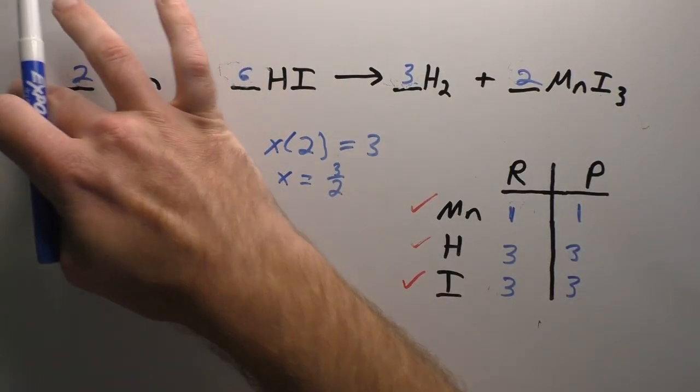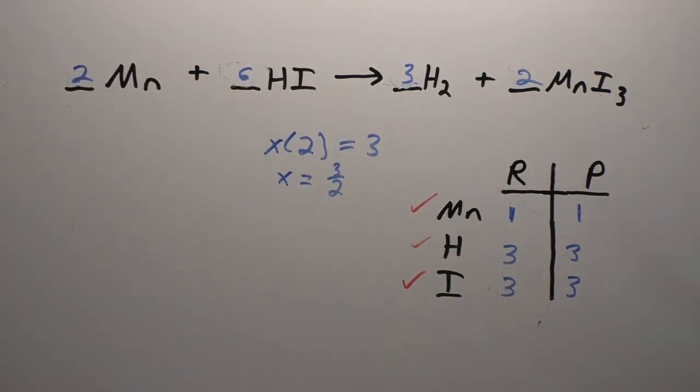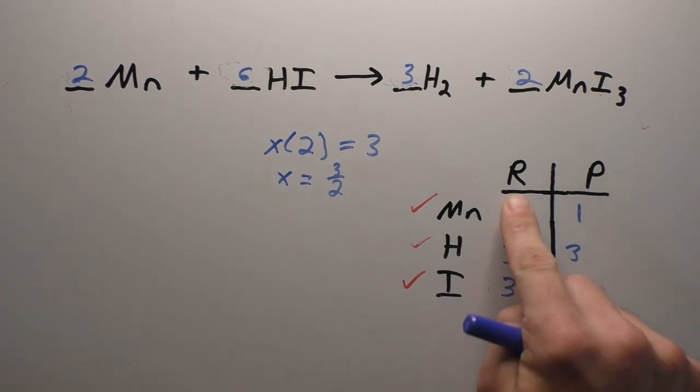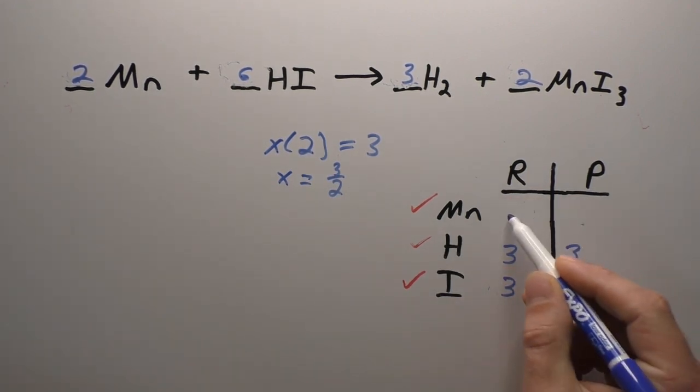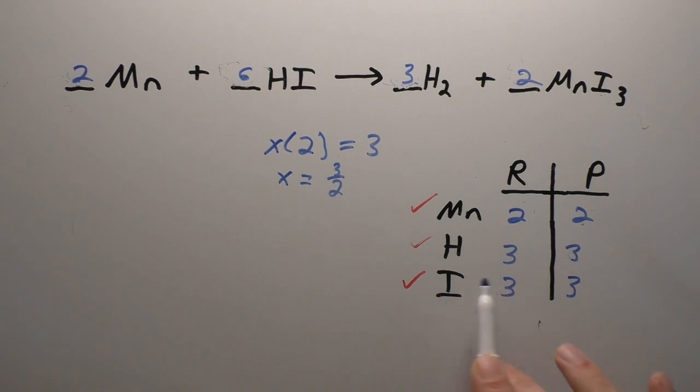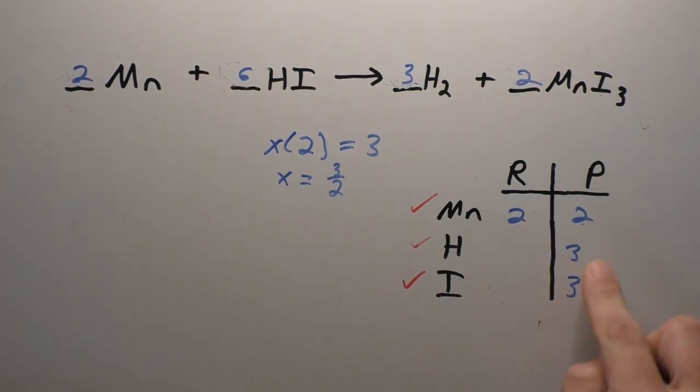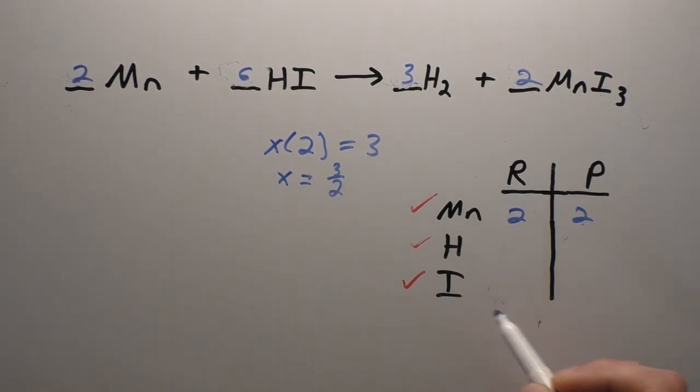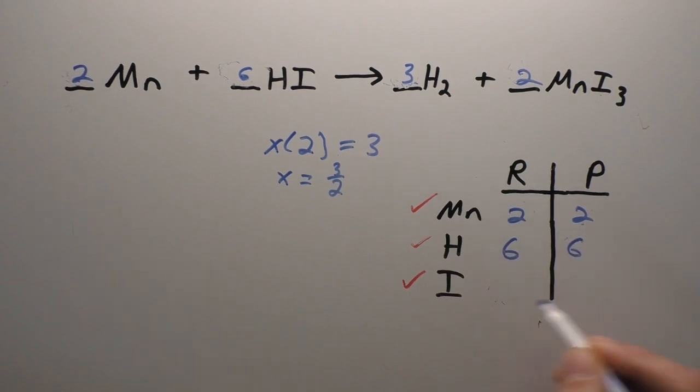So now this equation is not only balanced, but it's balanced with whole number coefficients. And since we've multiplied everything by 2, all of the atoms in this table are going to be multiplied by 2. So manganese goes from 1 to 2, and both the hydrogen and the iodine, they were 3 before, but since we multiply it by 2, they all become 6.